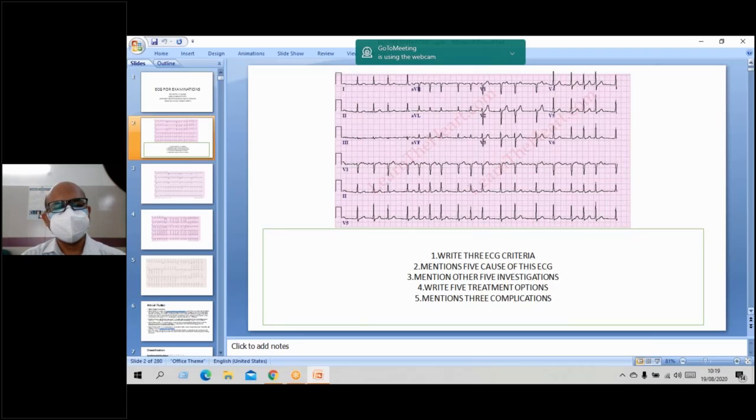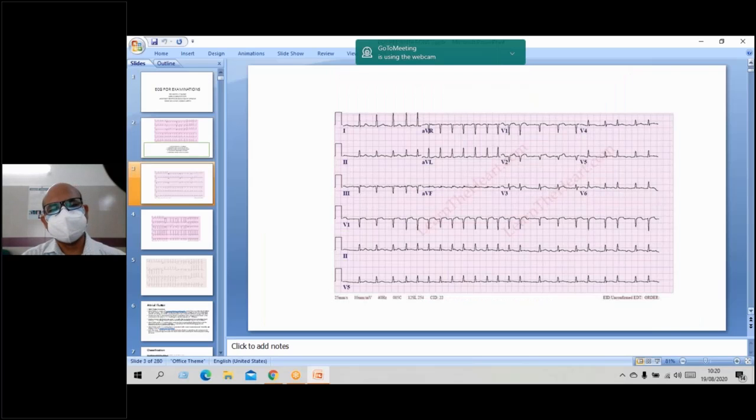I will show another two or three ECGs for the same diagnosis. Okay, this is also atrial fibrillation. This RR interval is not the same, and this RR interval is also not the same.